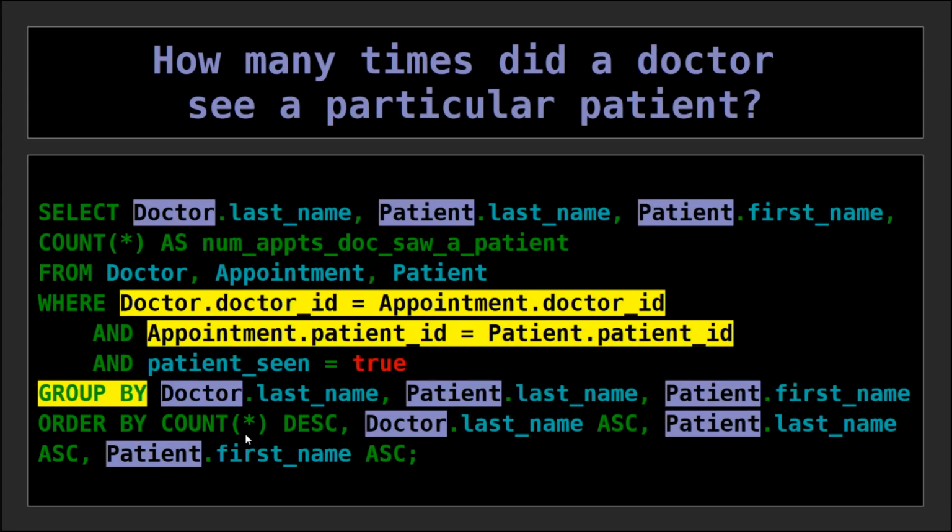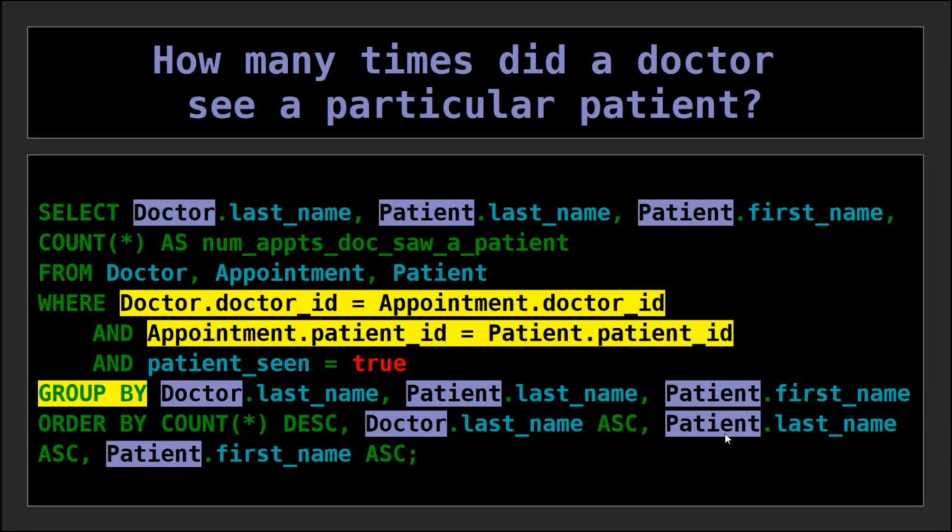Because we're not bound by sorting by only one column. The way this works is almost like a cascading effect. We're going to sort by this count first, highest number to lowest number, because it says descending, comma. Next, we're going to sort by the doctor's last name. We're going to go ascending. We want to see A, B, C, D, E, F, G, in that type of fashion.